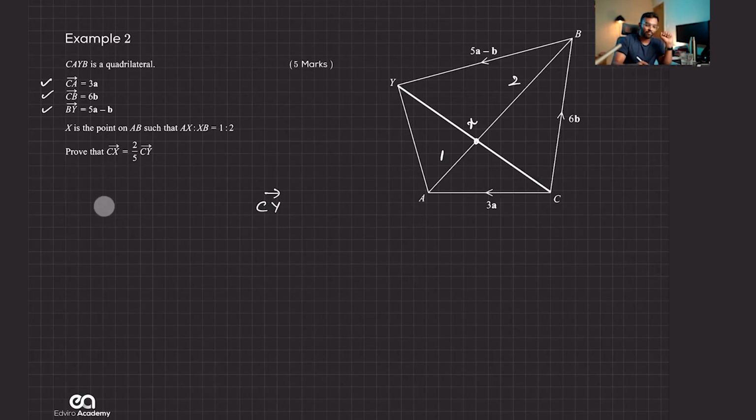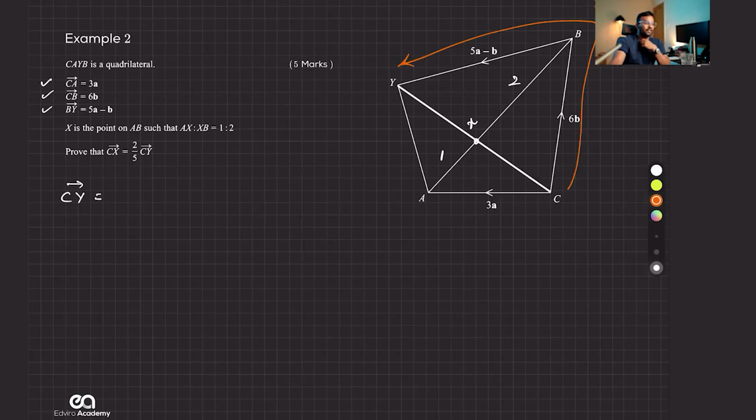Firstly, I will start finding CY. How can I get from C to Y? Would you all agree it is okay for me to go C to B and B to Y? Easy part. So without much calculation, is it okay for me to write 6B right there, plus 5A minus B, and that would be 5B plus 5A.